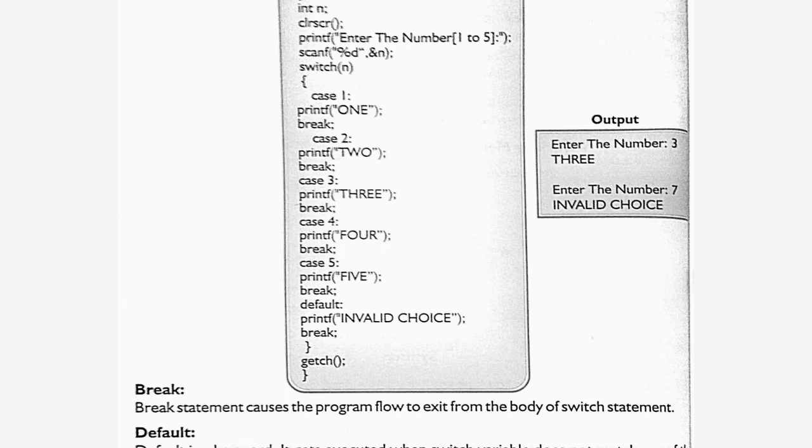If the user enters number 1, then the word ONE is printed. If the user enters number 2, then the word TWO will be printed. Likewise, 1, 2, 3, 4, 5 values are printed by using this switch statement.